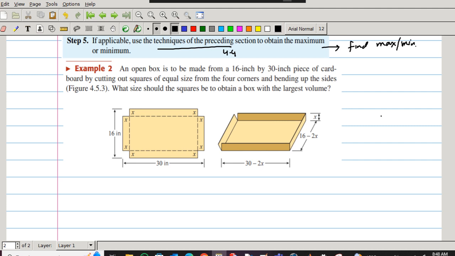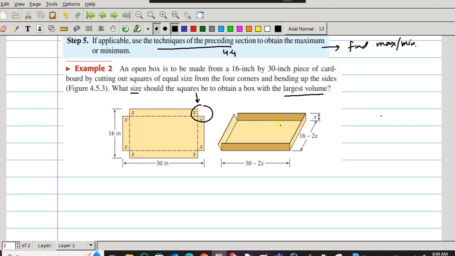So the question is, what side should the squares be, meaning the squares that we are cutting? What should be the size of these squares to obtain the box with the largest volume?